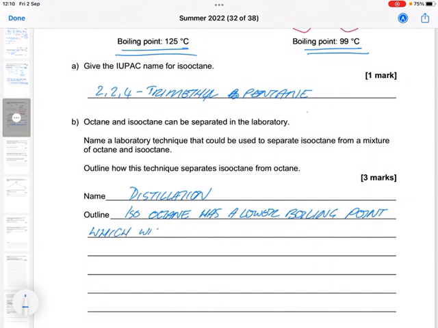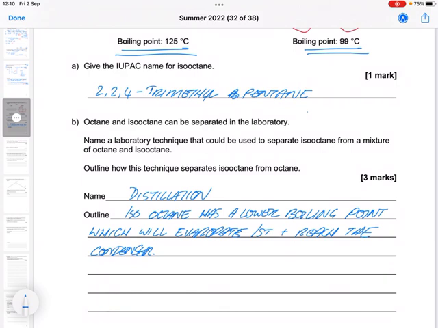Which will evaporate first, and therefore reach the condenser. Okay, and that obviously means that it is going to be condensed first.